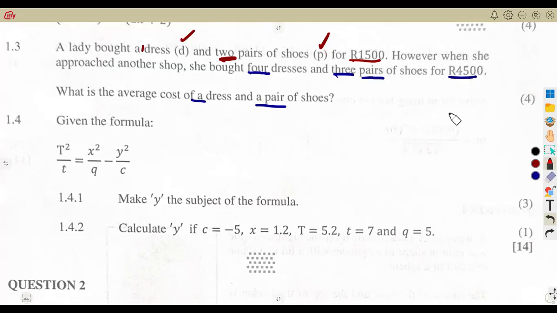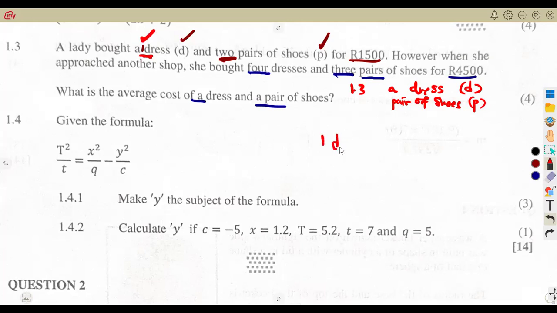We've got 2 things that we are dealing with. All right, I'm just going to attempt it here. Remember, a dress is given by the letter D. Then we have a pair of shoes, which is given by P. So the first condition, she bought a dress, meaning it's 1. She only bought 1.